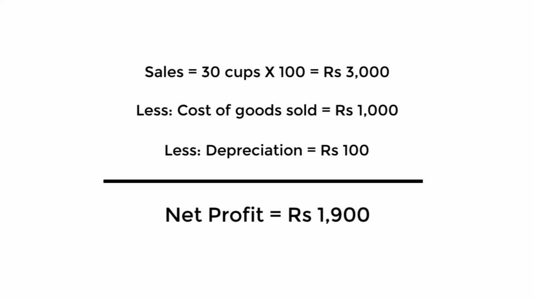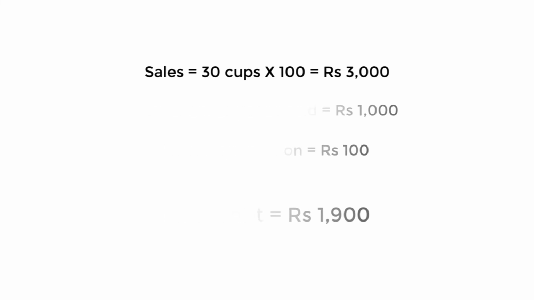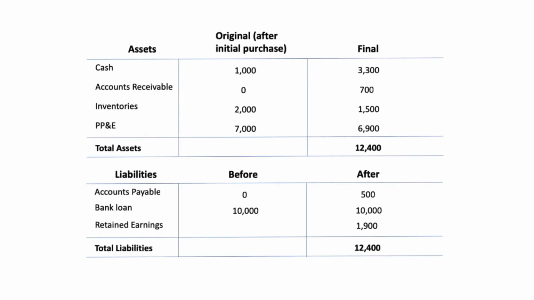And as we have learned earlier, that profit is retained earnings that we have to add to the liability side of the balance sheet. So now we see here that the profit, also called retained earnings, is added and our total assets of 12,400 match with total liabilities and equity of 12,400.